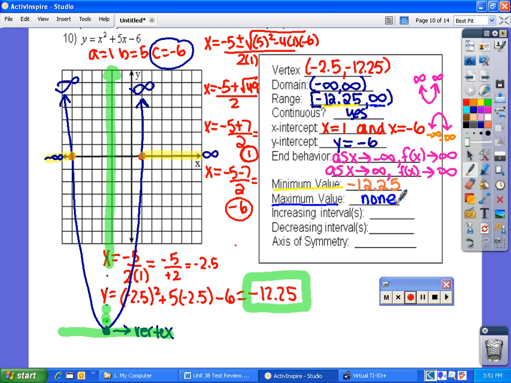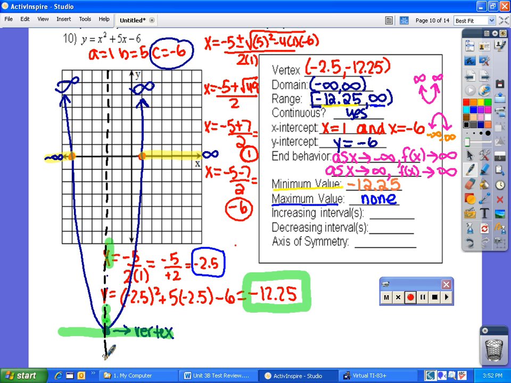Alright, increasing and decreasing, which is your favorite thing to do. What I'm going to do is go to my axis of symmetry. And my axis of symmetry I found out was at negative 2.5, sorry. So I go negative 2.5, I draw a line straight through the middle.